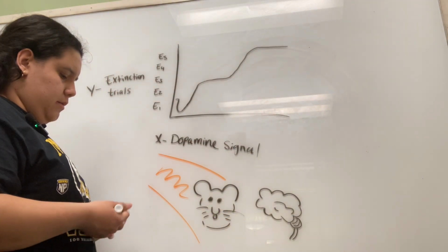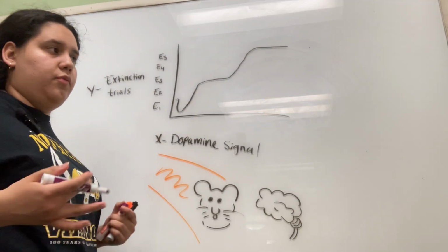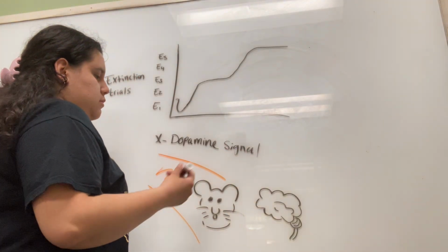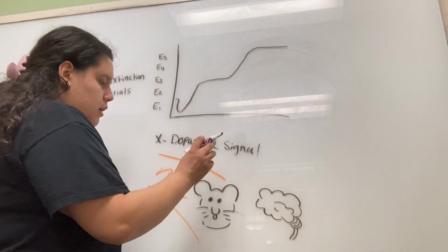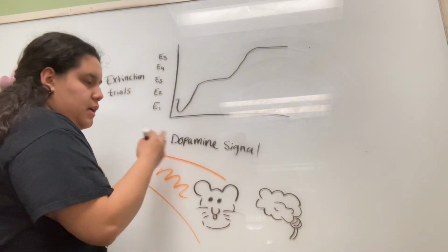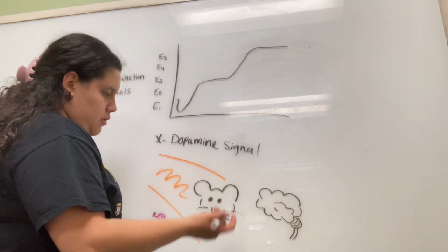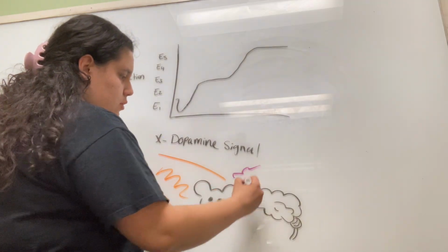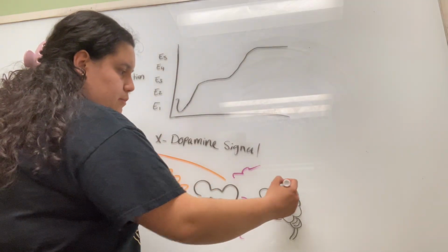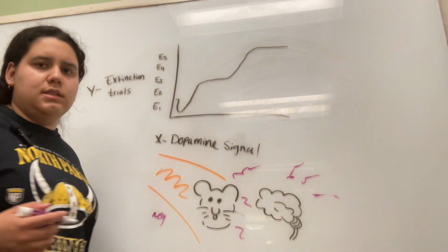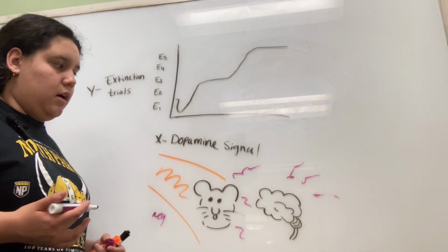So in this experiment, before extinction, whenever the mouse was shown a light, it would get a negative cue. Because it got a negative cue, the brain signals view that as something to be fearful about.